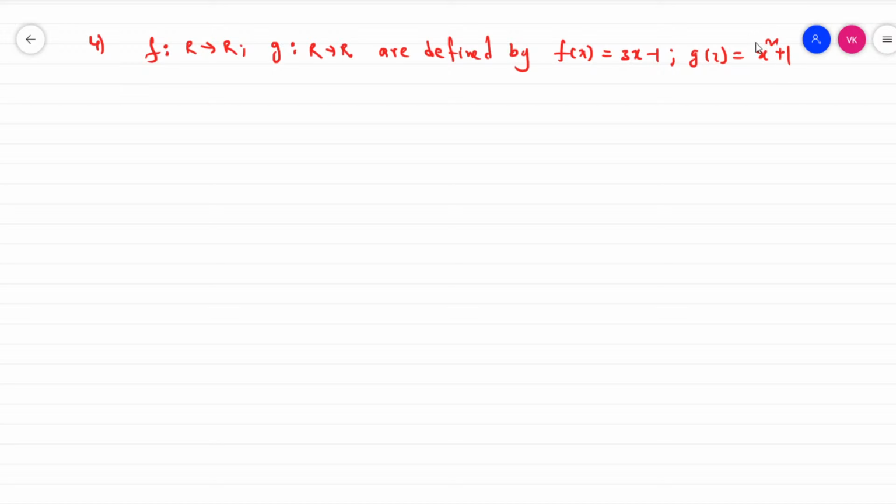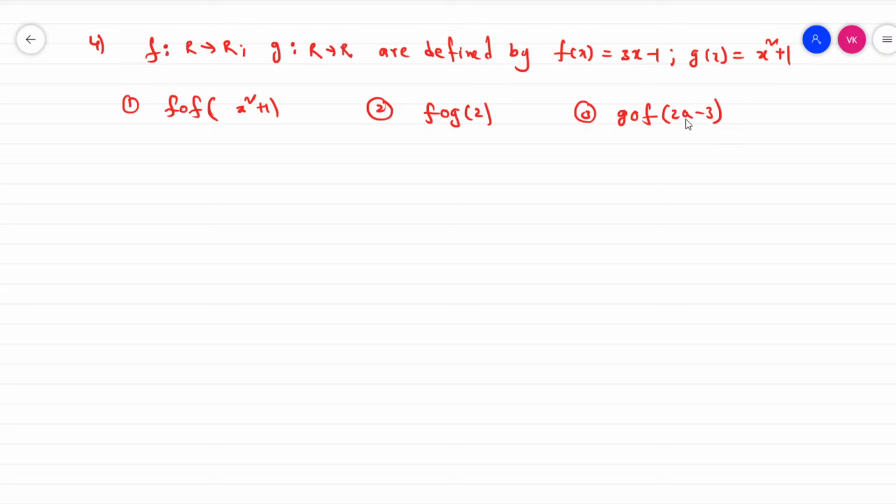Then the question is we have to find the f circle f of x square plus 1, and the second question is about f circle g of 2, and the third question is about the g circle f of 2a minus 3.